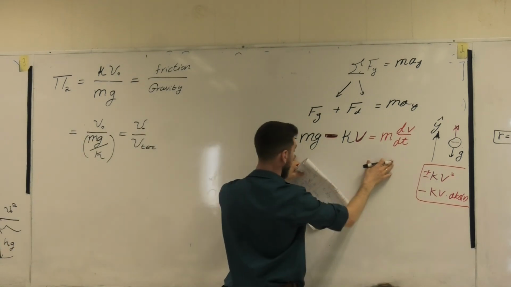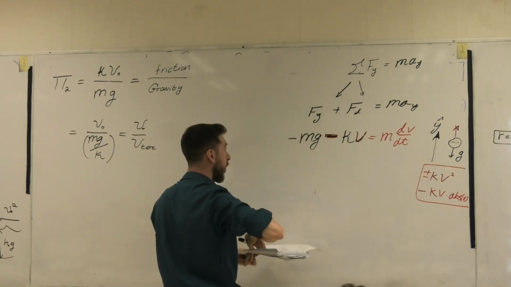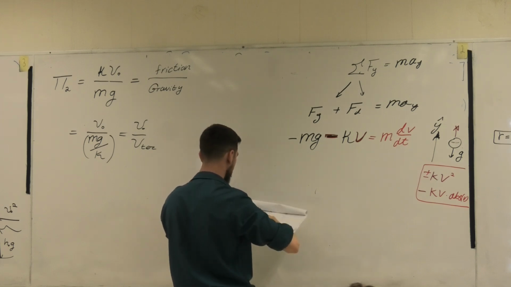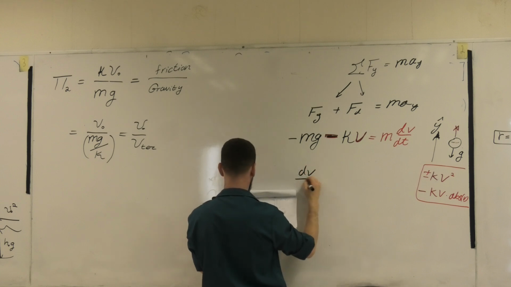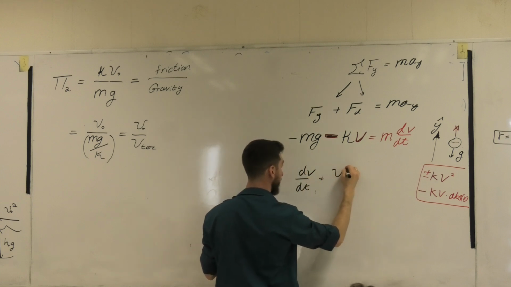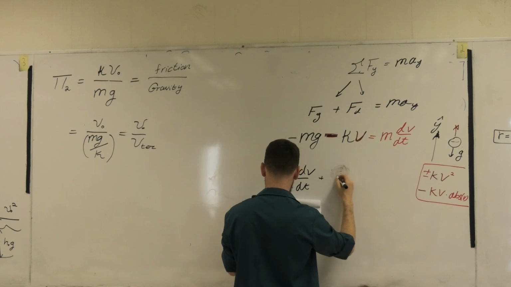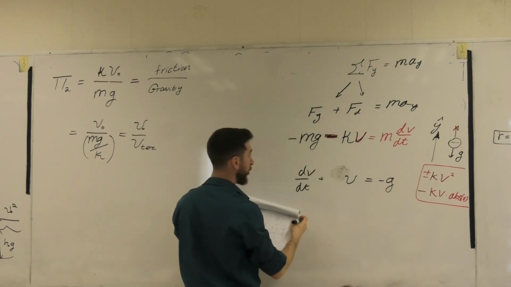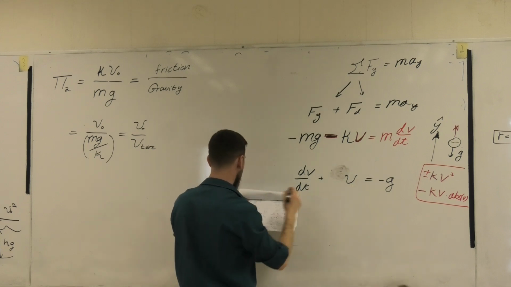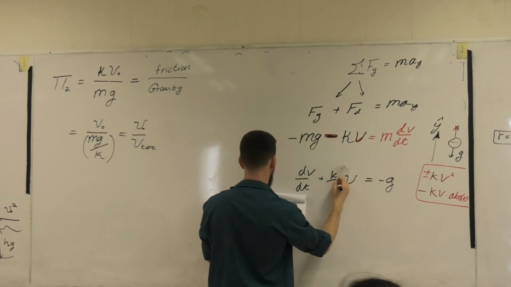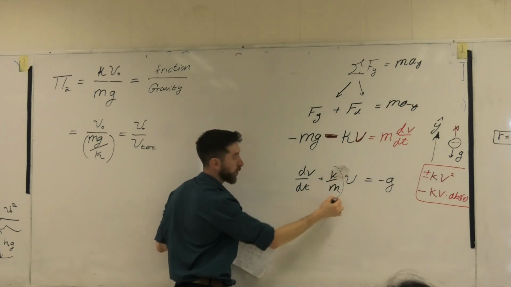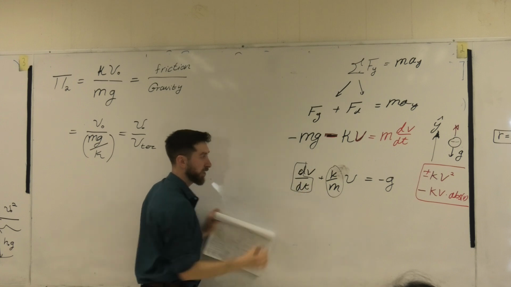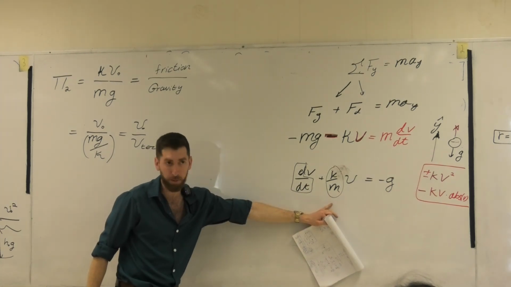If you look carefully at that equation, I can reorganize it and write it that way: dv/dt plus v equals minus g, and here I can put k over m. You see that this ratio actually has a time unit. It's the characteristic time of the particle.